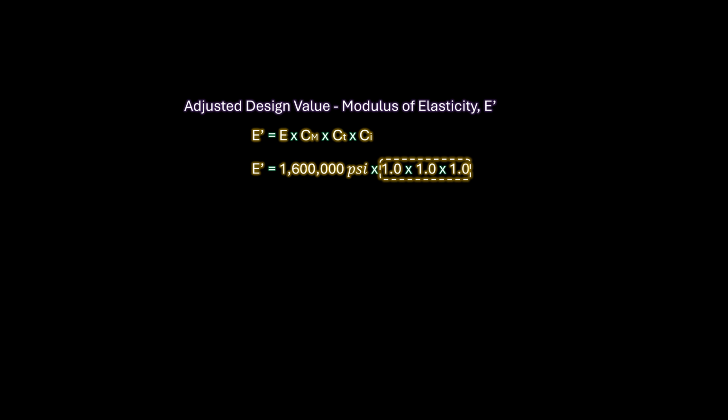We have also determined that the wet service factor, the temperature factor and the incising factor are all 1.0. Therefore, the adjusted design value for the modulus of elasticity is 1,600,000 pounds per square inch. This is the value that we will use in our deflection calculations.